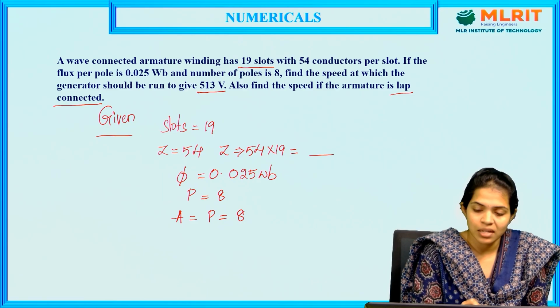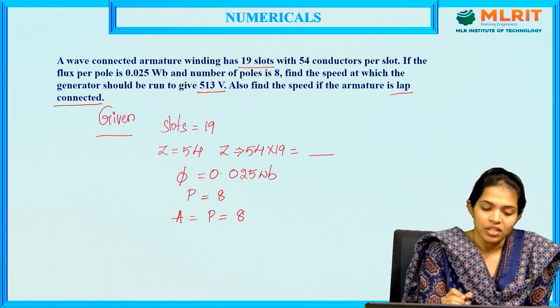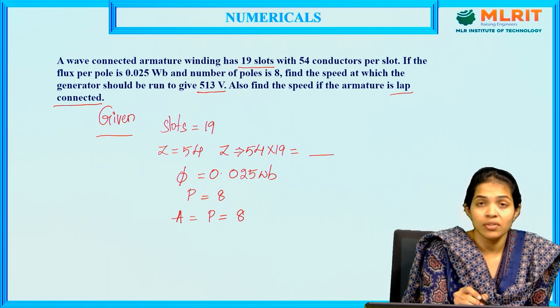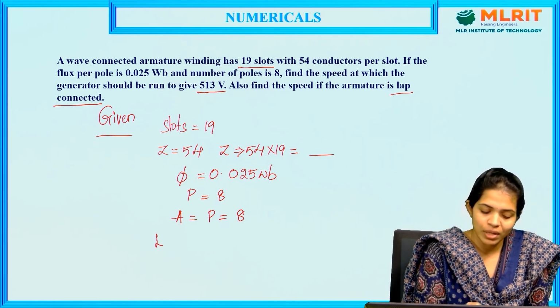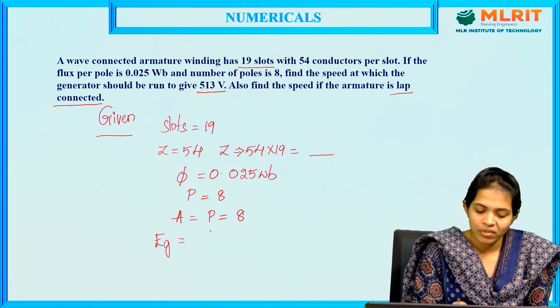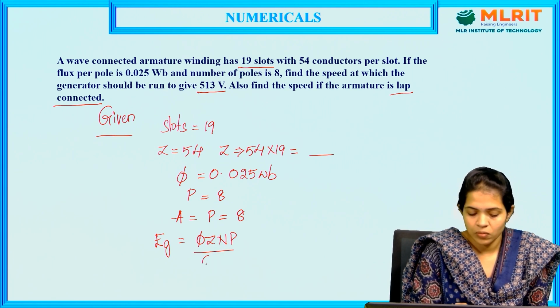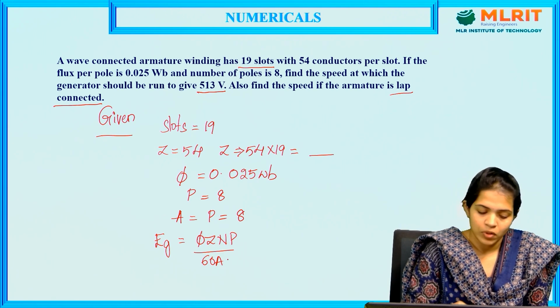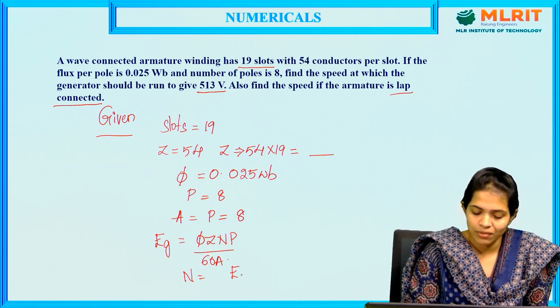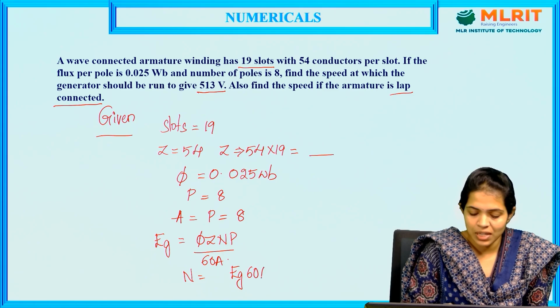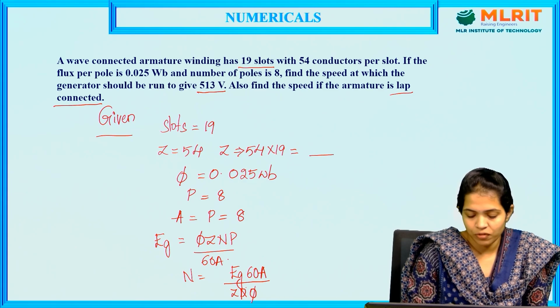We are asked to find the speed at which the generator will generate a voltage of 513 volts. To calculate that, we use the same generated EMF equation. Here we have to find the speed, so we can rewrite the equation as Eg into 60A divided by Z P phi.